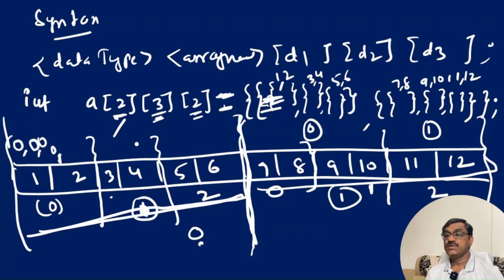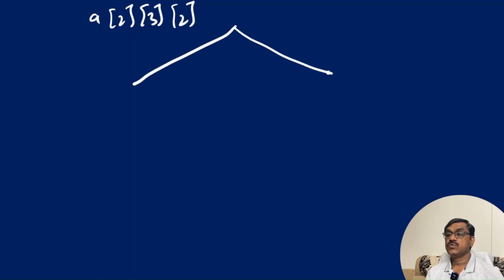If you want to refer to these subscripts clearly, we can draw the tree for this. I will draw the tree. So I have referred to this as A of 2, 3, 2, right? To have the memory location names clear. So first, take this into 2 parts. 2 parts. So this is A of 0, and this is A of 1.